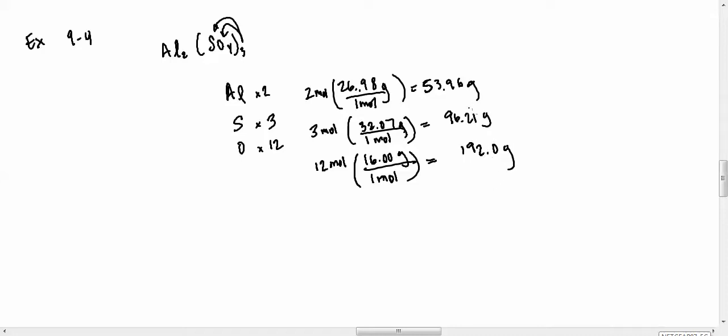And I'm going to add these straight up, and all I get is 342.2 grams of Al2(SO4)3. And that is, if I had 1 mole of Al2(SO4)3, then that would give me 342.2 grams of that stuff.